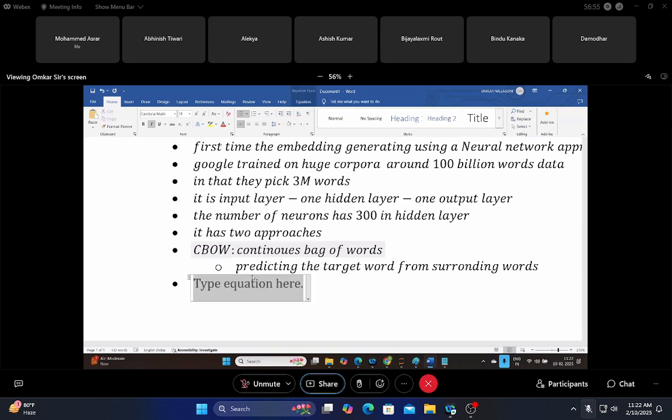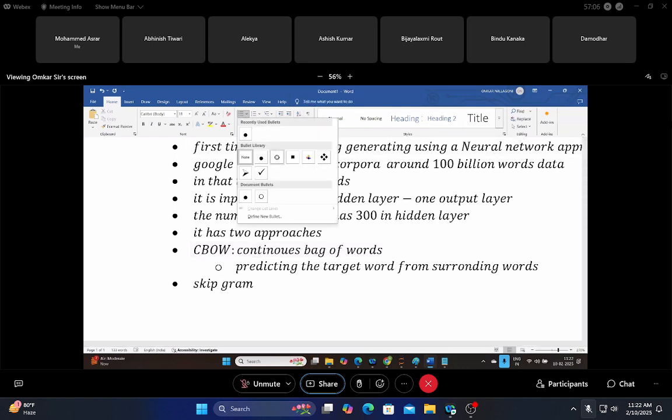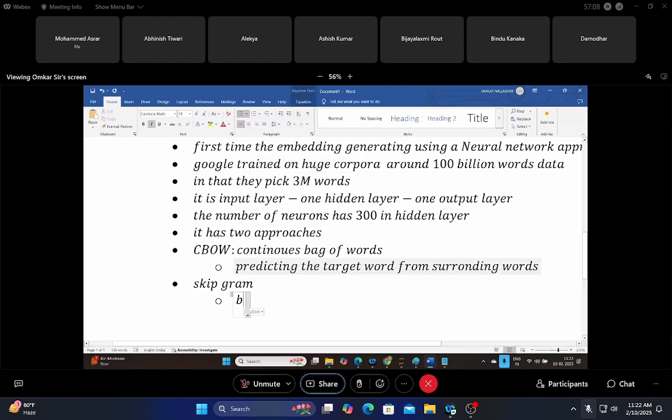The other is skip gram: predicting the surrounding words using the target word.